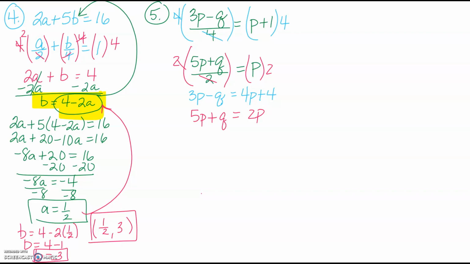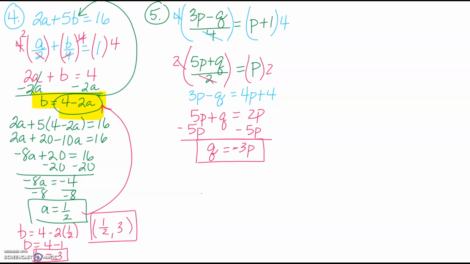Okay? So in this one, we're going to go ahead and solve in terms of a variable. So in this case, I'm going to solve 5p plus q equals 2p in terms of q. To do that, I'm going to subtract 5p, and I'm going to get q equals negative 3p.